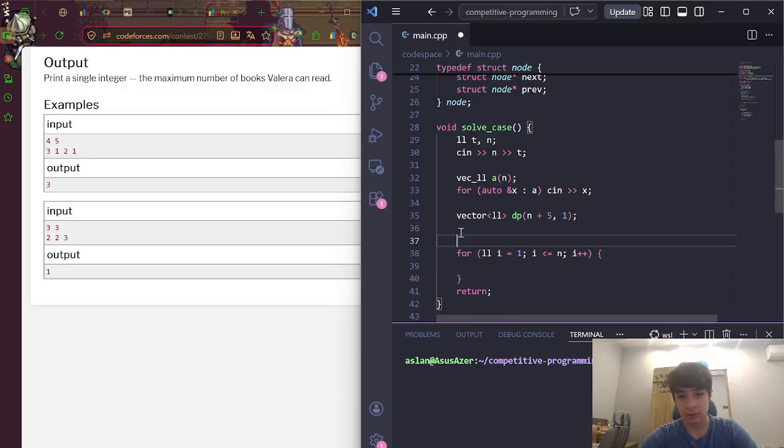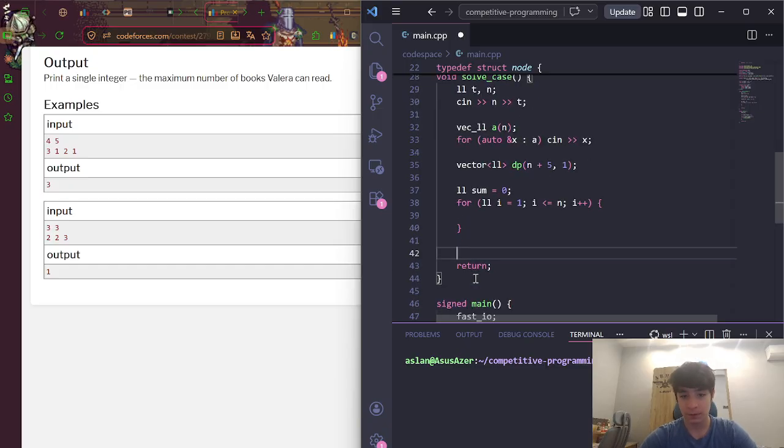I also make a little sum equal to 0. Also there I will be needed to have some answer that's equal to the max element.